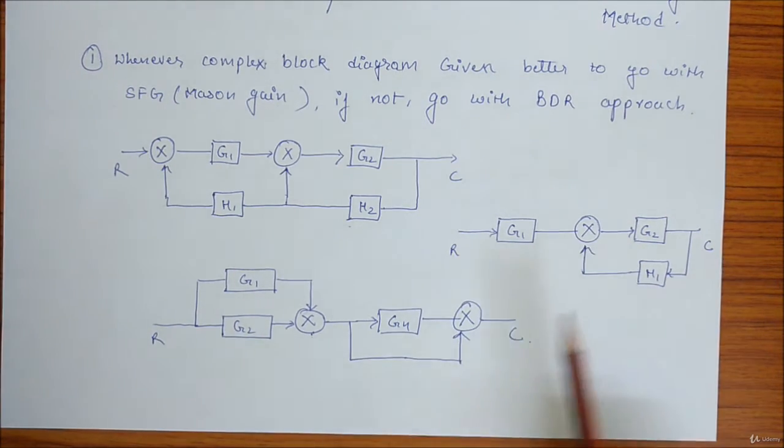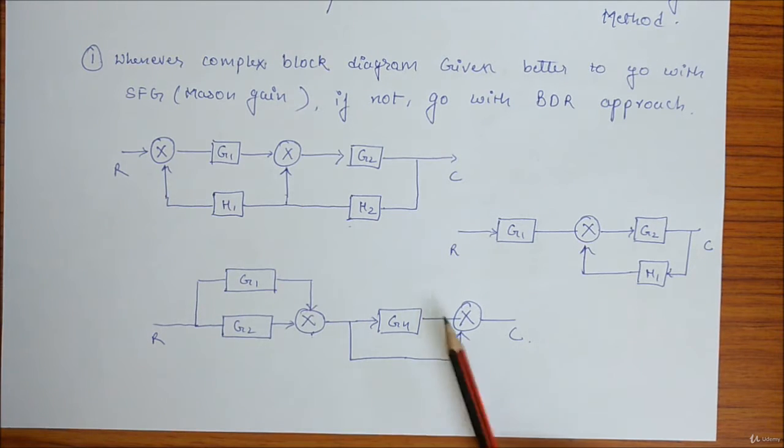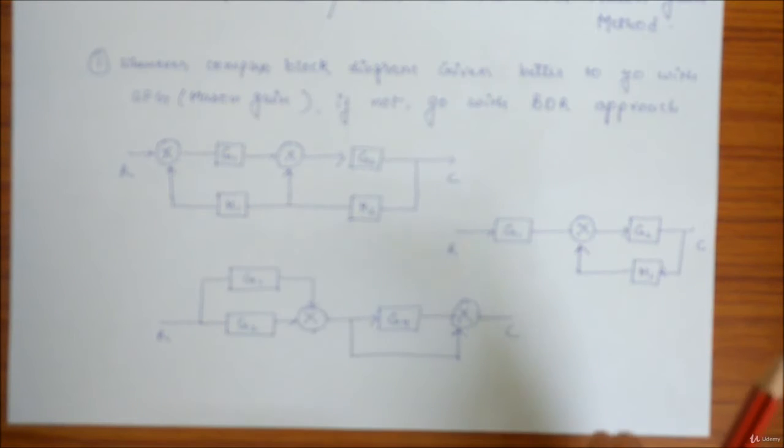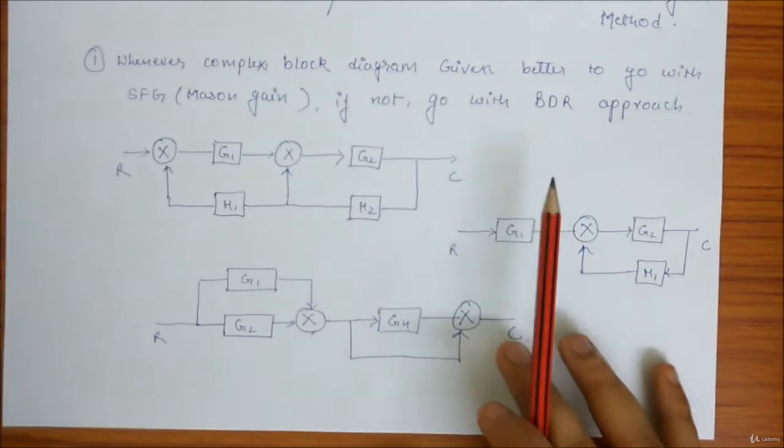You can calculate C by R. Here also this is a parallel combination, this is a parallel combination, this is a unity gain. So parallel combination, cascade, you can calculate easily. So the point is, whenever you have a complex block diagram structure, go with SFG. If not, go with the BDR approach. Simple as that.